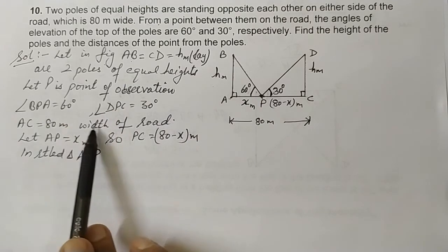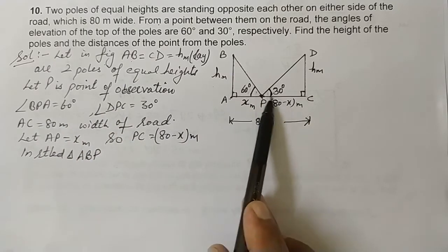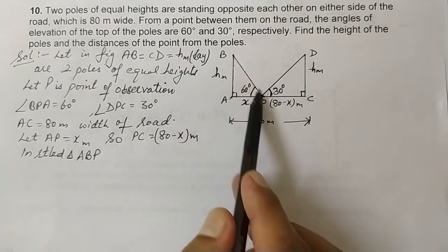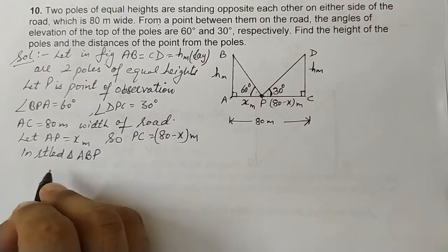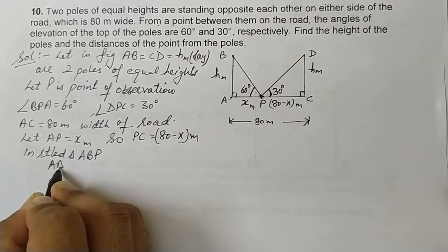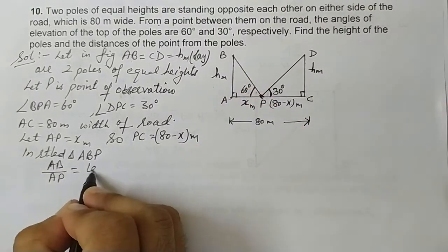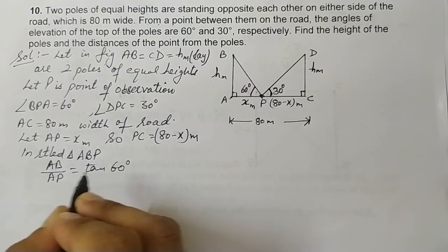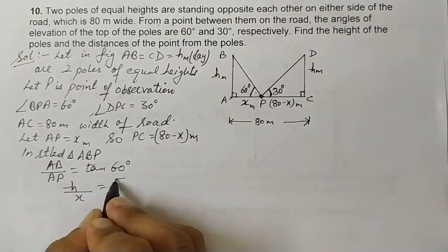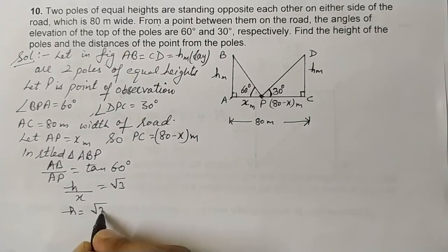Now let AP be x meter, then PC will automatically be 80 minus x meter. In right angle triangle ABP, we'll find h. So tan 60 degree is AB over AP, that is h over x, and tan 60 is root 3. So h is equal to root 3 x.